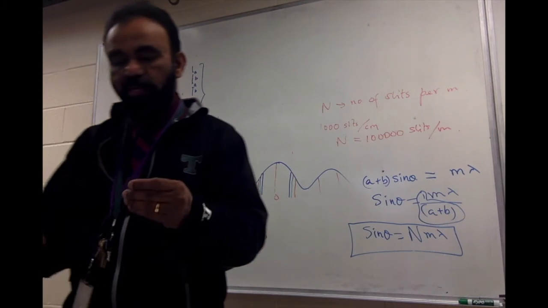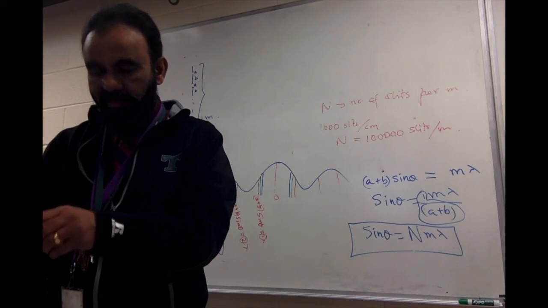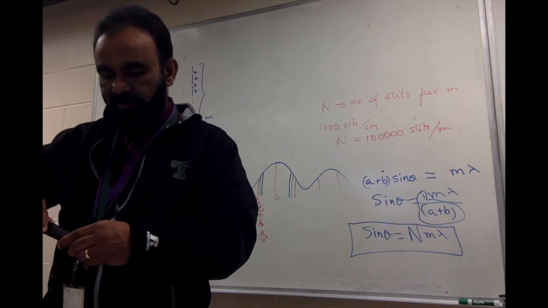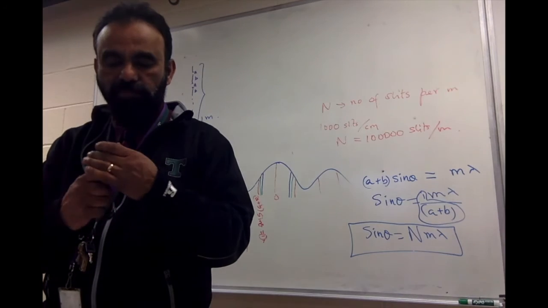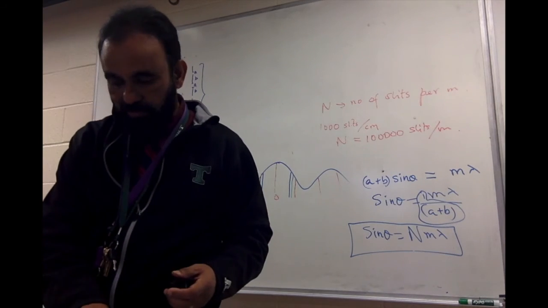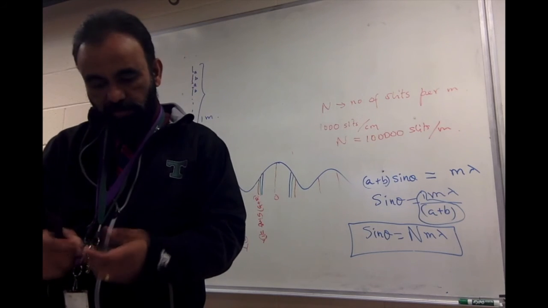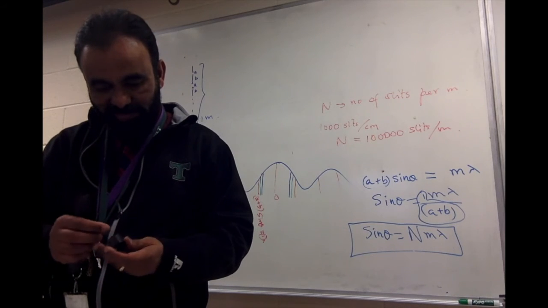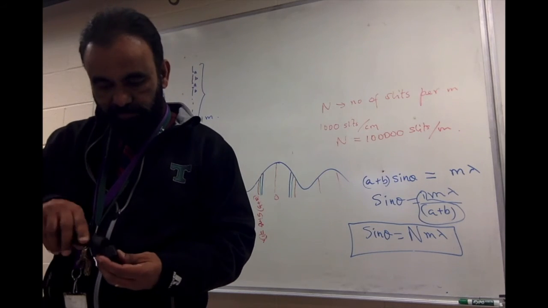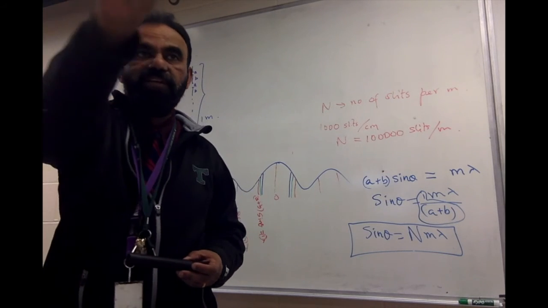Now I'm going to show you how those colors appear. So this gadget is what he was describing probably. I'm putting this here, and the grating is right there. Now there's a tiny slit here. Can you see the slit?